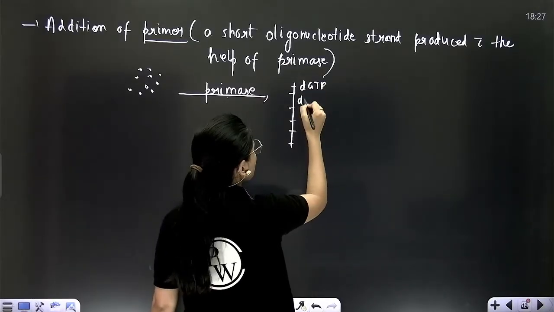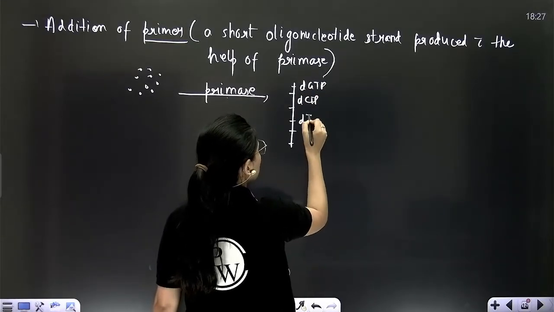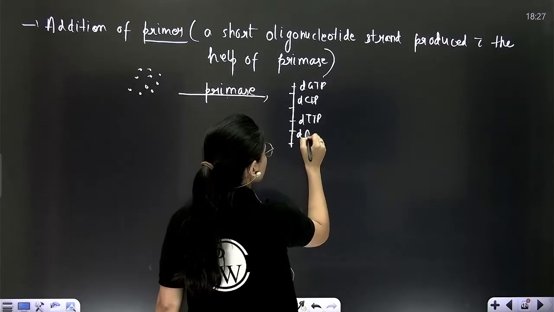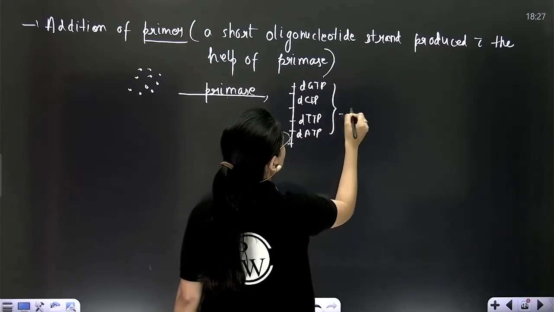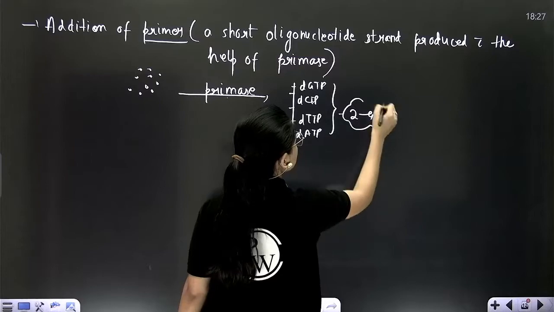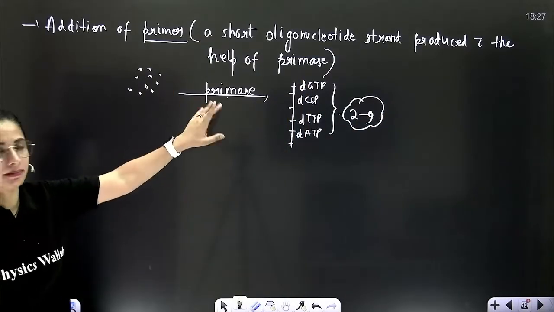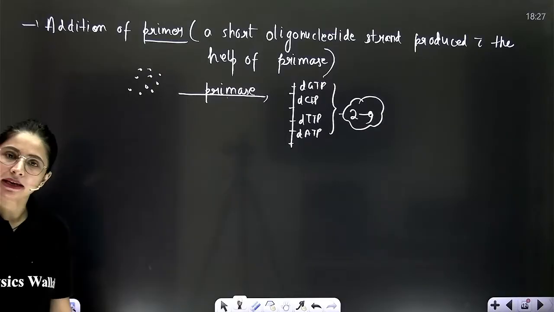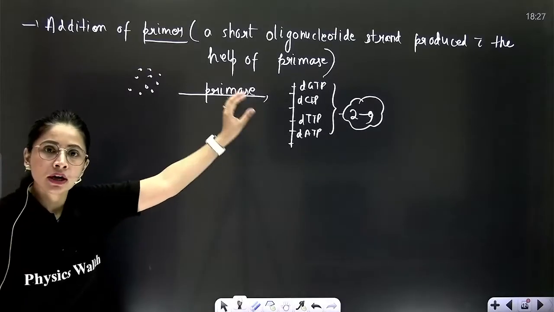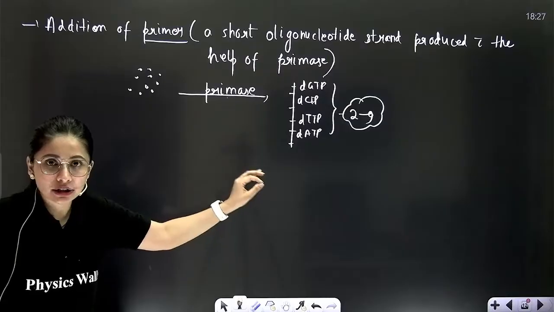There is no picking up. Near about 2 to 9 long strand is being produced with the help of primase. This strand is known as primer. Now this primer goes and gets attached over here.